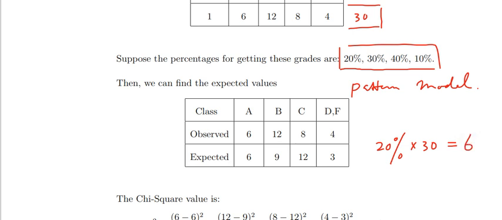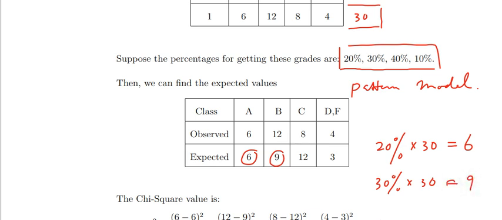So this is the expected value. This 9 is the expected value for getting B. B is 30%, and 30% of 30 is 9, right?